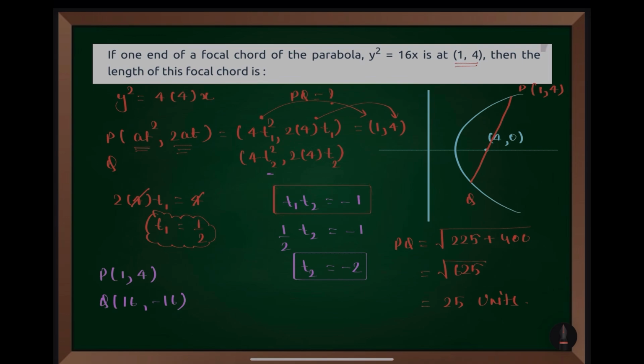Okay, so to use that concept, you have to take the parametric coordinates as the standard one. Otherwise what you should do, just simplify this thing. Like just imagine a point as t square and 4t, and then same for Q, go with t1 t2, and you can compare the slopes. Okay, I hope the idea is clear.